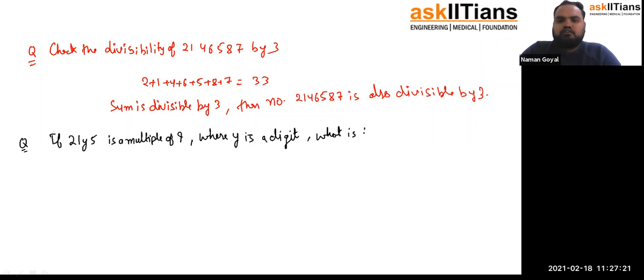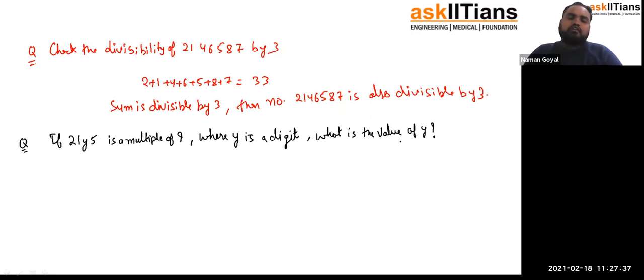You have to tell me the value of y. So we do a similar question. Now we are going to do this question.